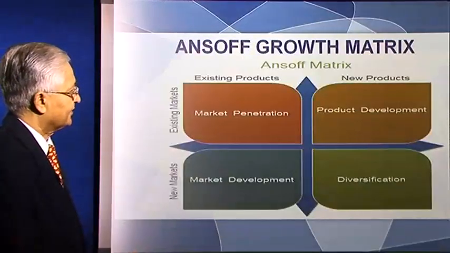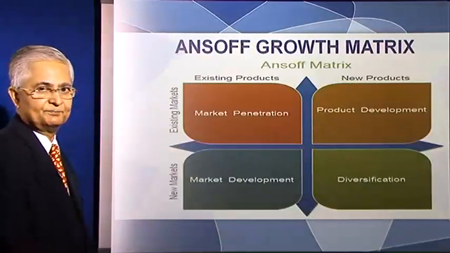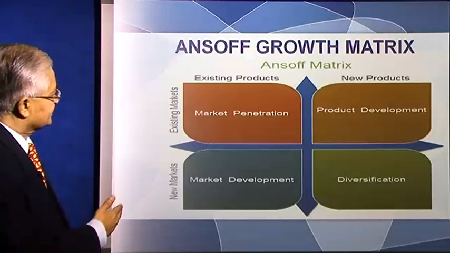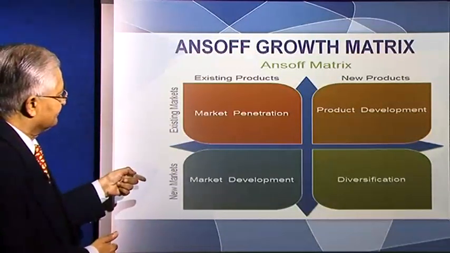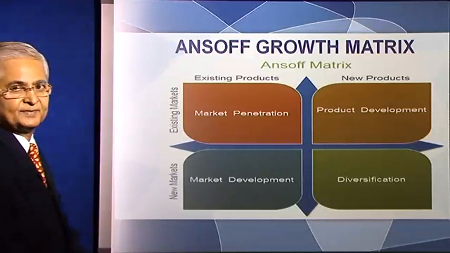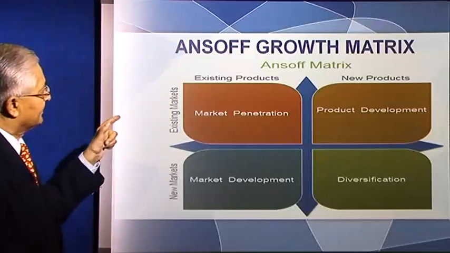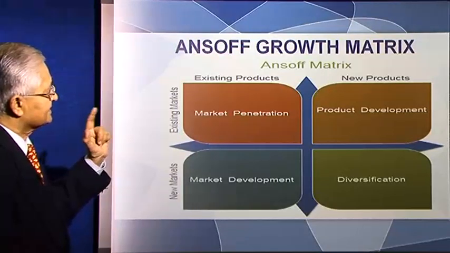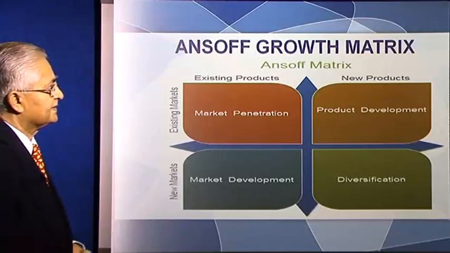Now, if these are put into the form of a matrix, this is what it would look like. You have existing markets, new markets, existing products, new products. If it's the existing market, existing products, it's market penetration.